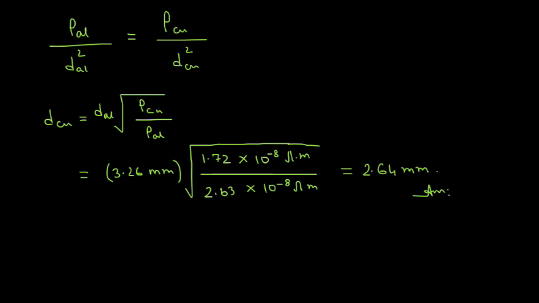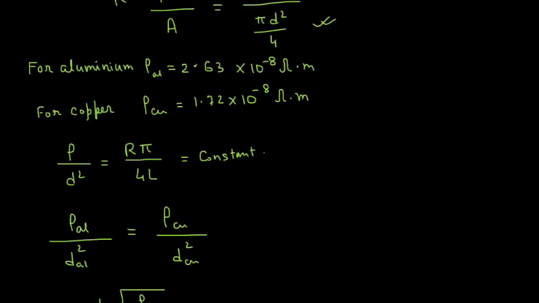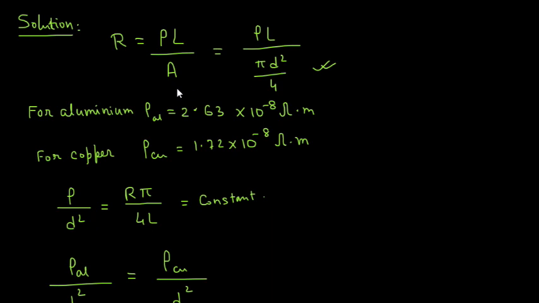So let us see the solution again. First we have put R is equal to rho into L by A, and A, the area of cross section, we have written in terms of diameter, so pi d square by 4. The resistivity of aluminum is given, resistivity of copper is given. Here we found rho by d square is equal to R pi upon 4L, which is a constant.